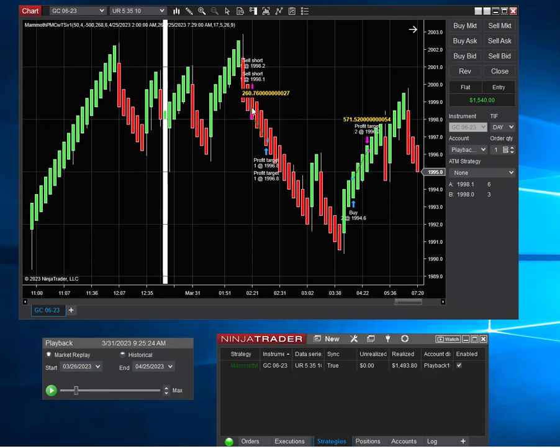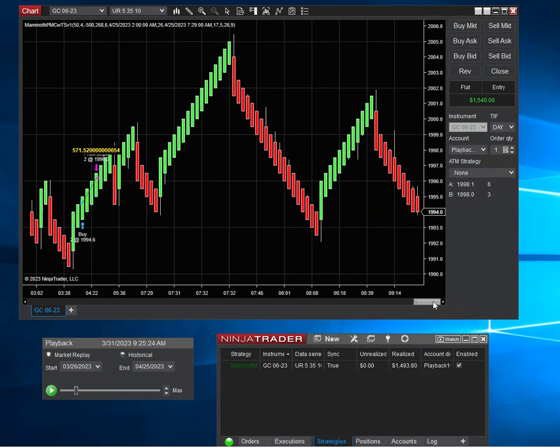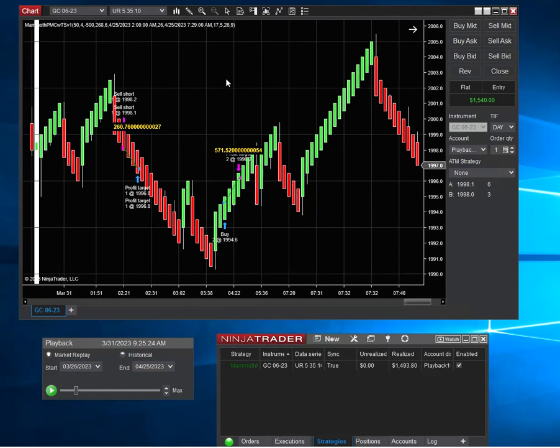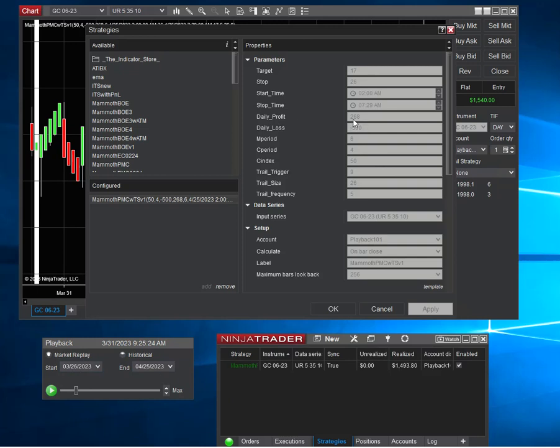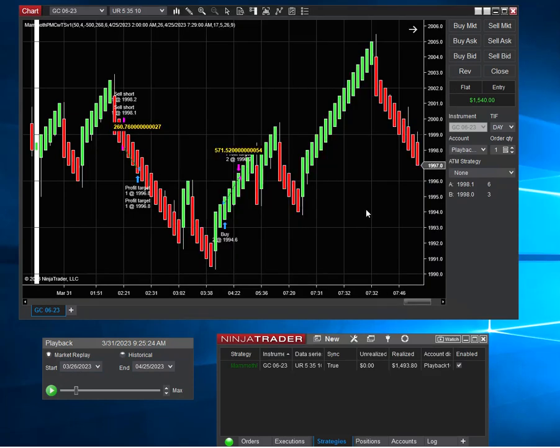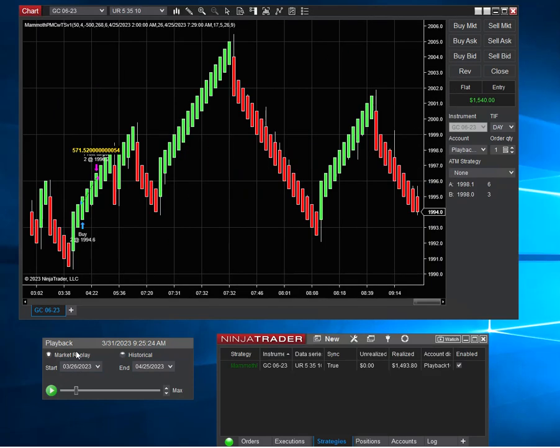That's what happened. Normally it should be just one trade a day, but the next trade was also a winner. So this is something you can adjust in the strategy: lower the daily profit to 218 to make sure that you only have one trade done for the day. Okay, but let's move on.